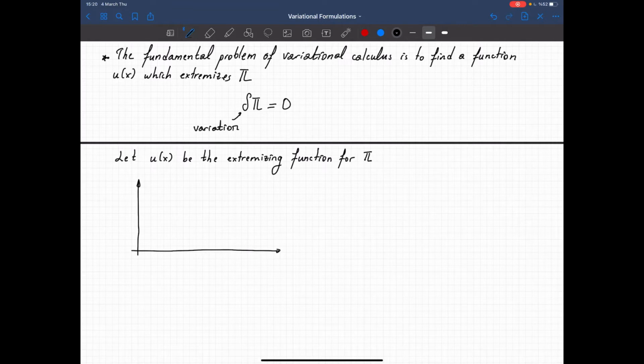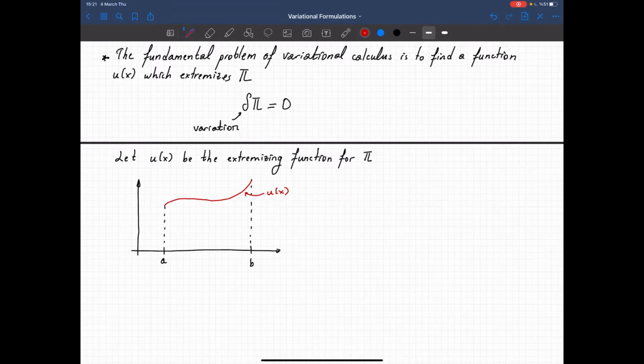We have an interval between a and b, and I have a u of x defined within that interval. This u of x is the function that gives us the minimum value for P.